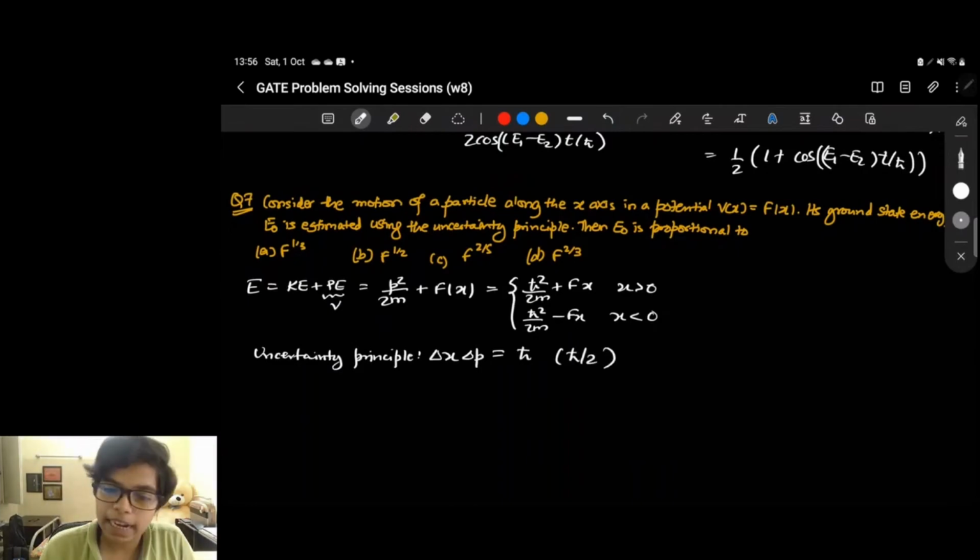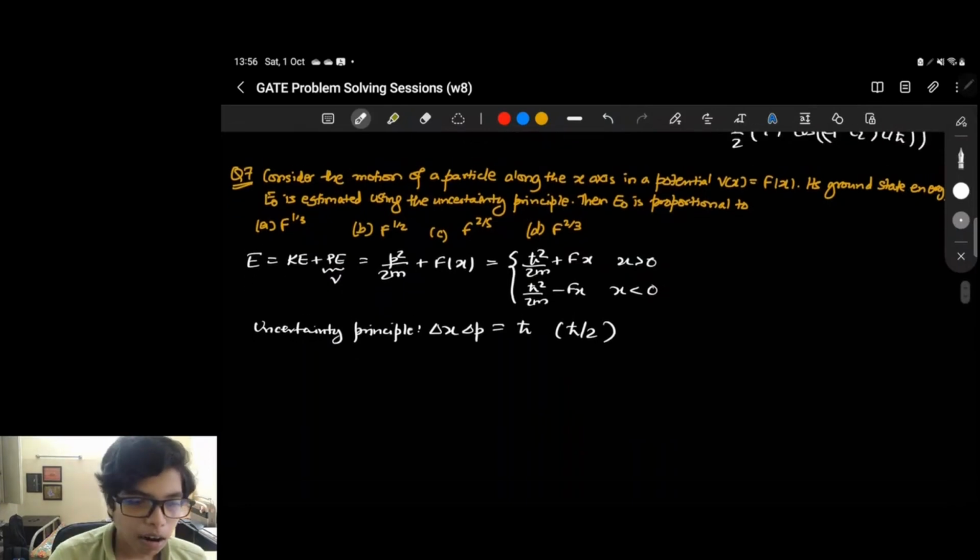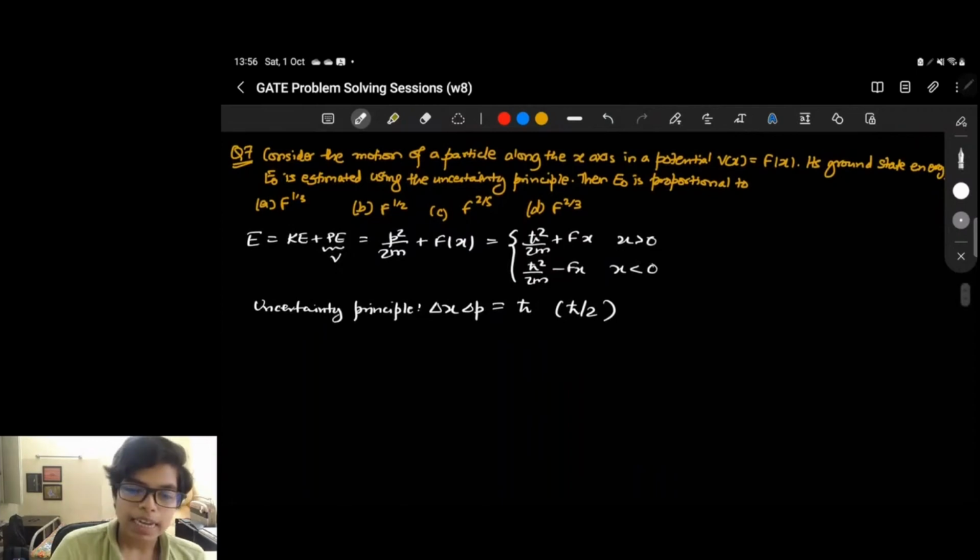Well, that is fine. That is just a constant factor of half. It is still of the order of magnitude of h cross. It is not like 100 times h cross or something. So it is of a similar order of magnitude, and what we are interested in is the powers of f. So whether you write h cross by 2, it's just a constant number, and that doesn't really make much of a difference.